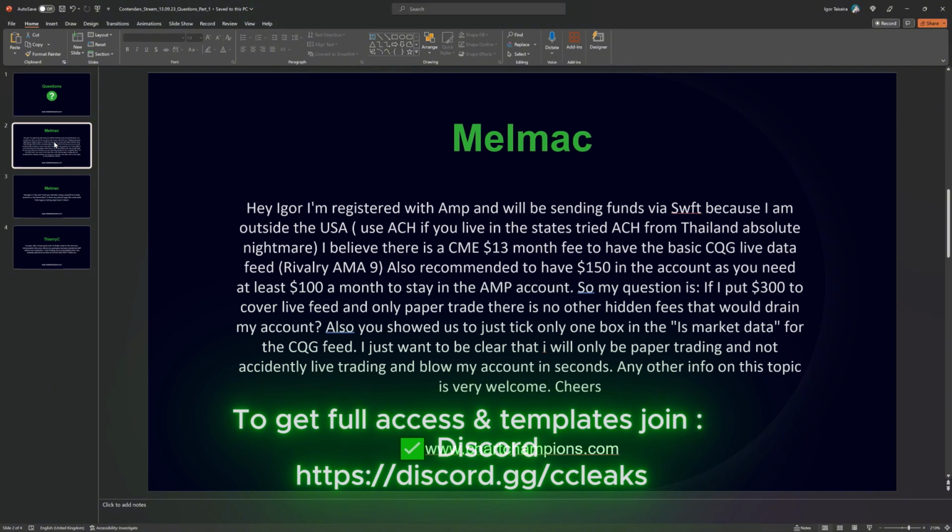But just make sure that on the drop down, if you're trading demo, you untick the is market data from the demo and then just connect that account, and then you can use the demo account with the real feed, but that's not going to open an account or a position on your AMP account.